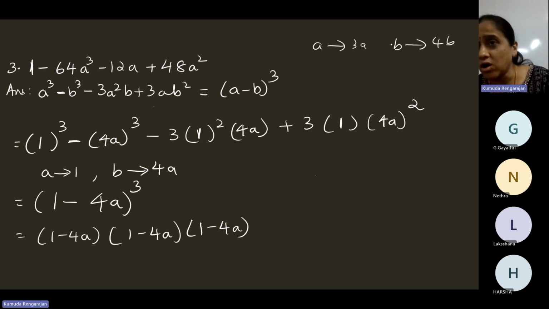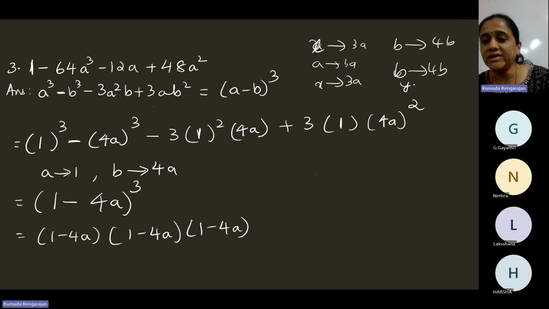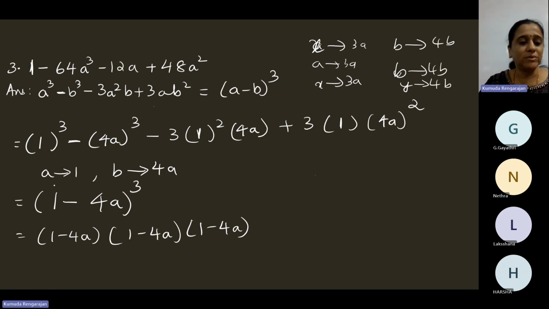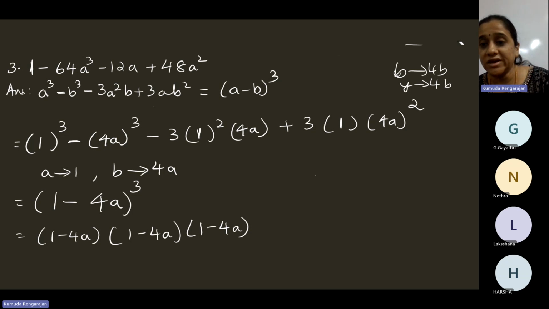It's not wrong. It's not that you lose marks. It's right. But this looks better: instead of saying a is 3a, x is 3a looks better, and instead of saying b is 4b, y is 4b is better. Here it didn't matter because a is 1 and b is 4a, but still, I would suggest using x and y here.